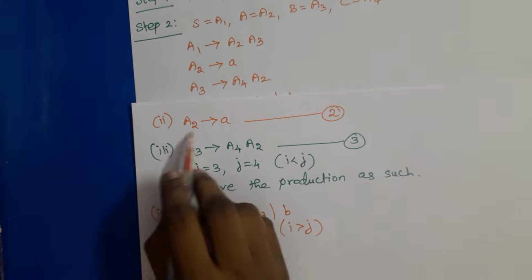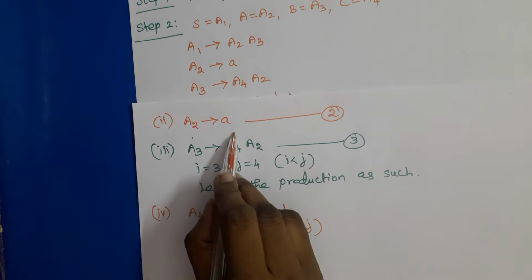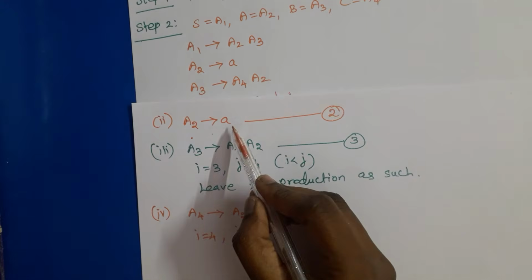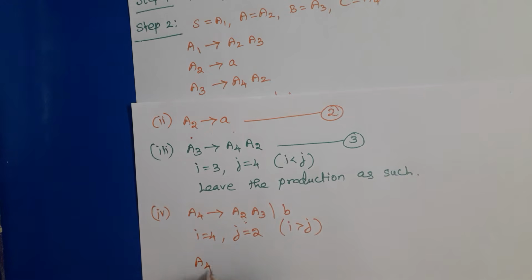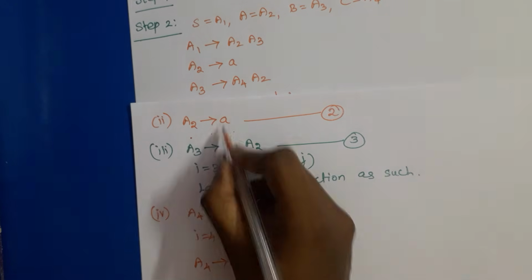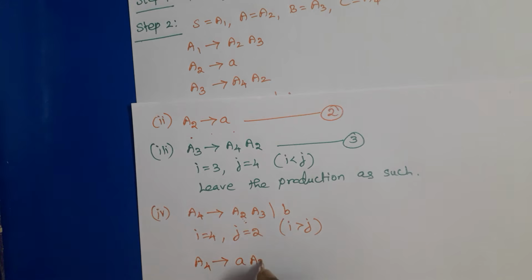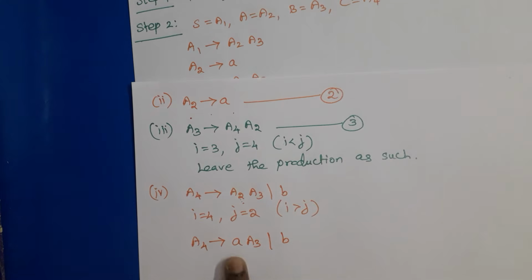What is the A2 production? A2 tends to a. So we substitute equation number 2 here. So we will get A4 tends to a A3 bar b. Now this A4 is in GNF format, right? Terminal followed by zero non-terminals. So this is in the GNF format. This is equation number 4.